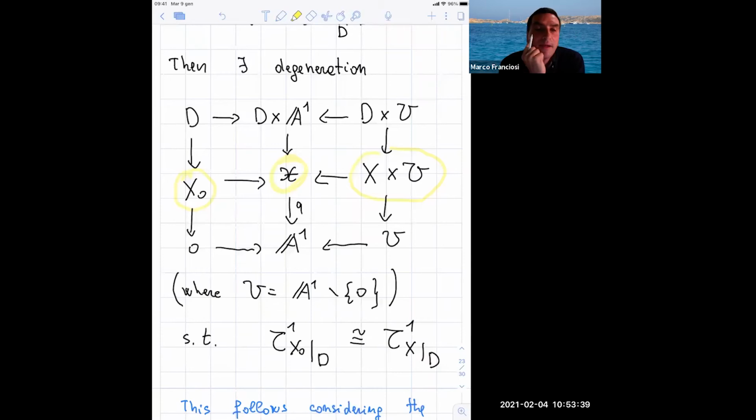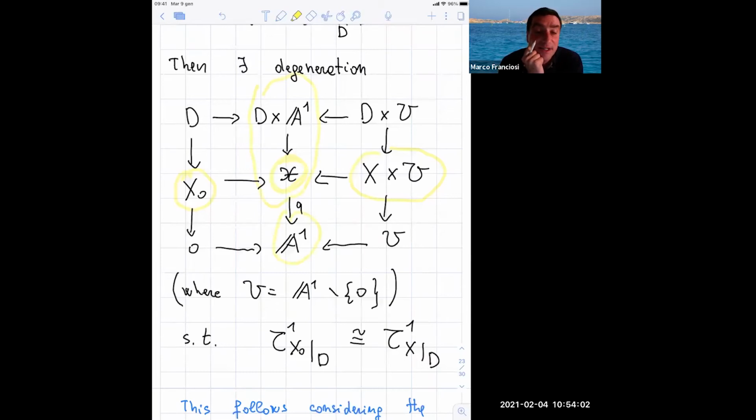So D is the same, D bar is the same. We have D cross A^1, which maps into X bar and maps onto A^1. On one side, we have our X on the right, and on the left, we have X0.